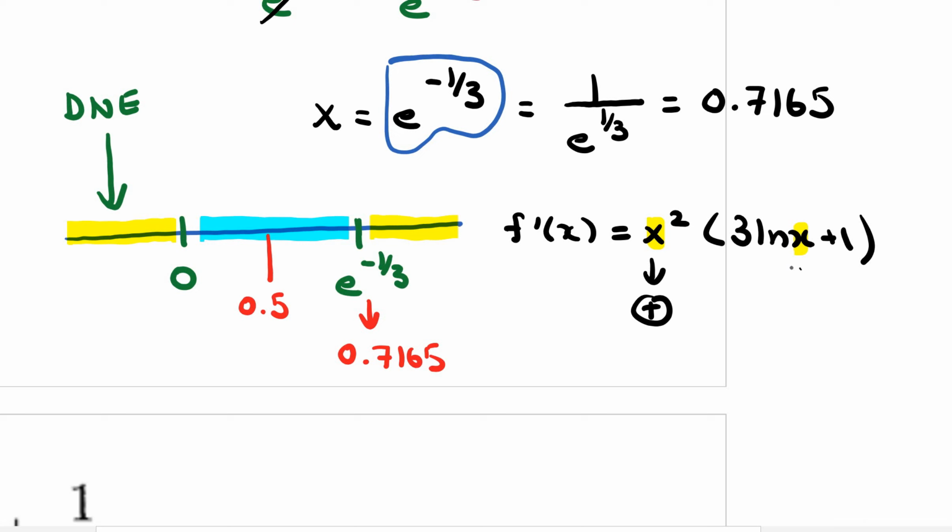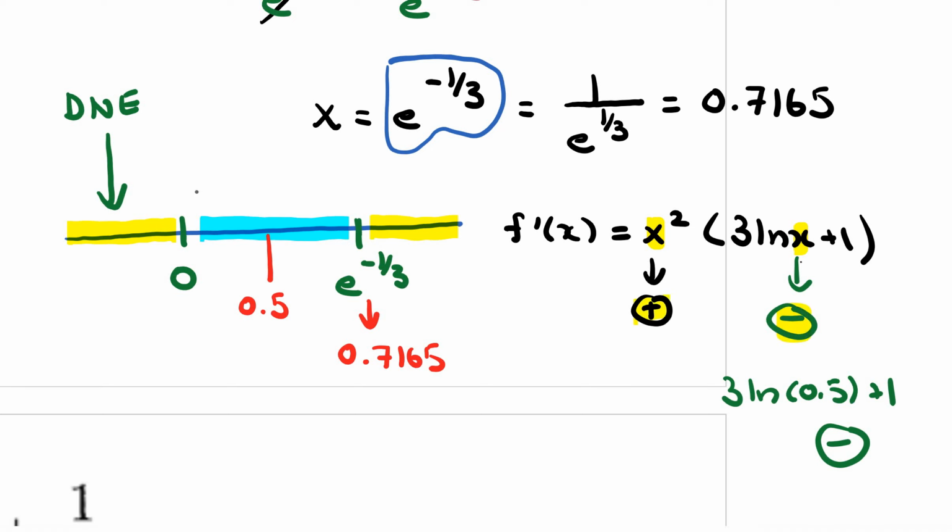But if I plug 0.5 into the other part, we get a pretty small number. If you evaluate that with the calculator, it turns out that this part will be negative. Just put 3 times ln of 0.5 plus 1 in the calculator, and we get a negative expression. So if I have a positive and I multiply that by a negative, this region is going to be negative.